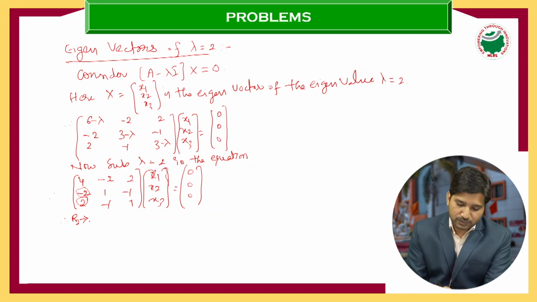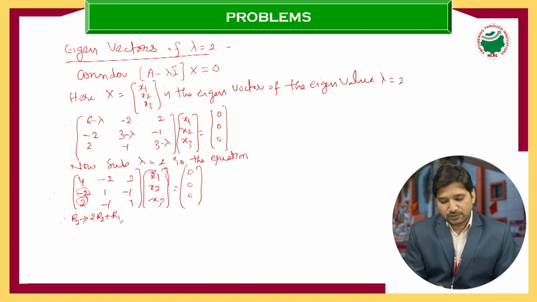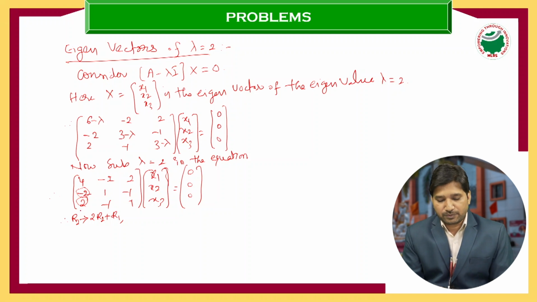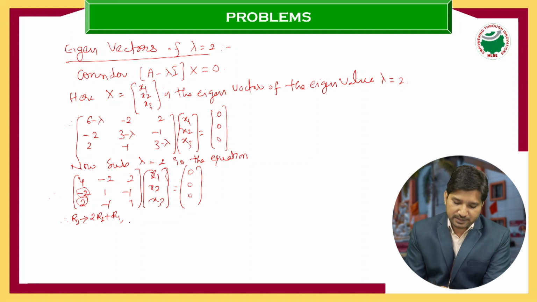Okay, so making the third row's first element 0: multiplying by 2 in row 3 and subtracting from row 1. That is R3 implies 2R3 minus R1.